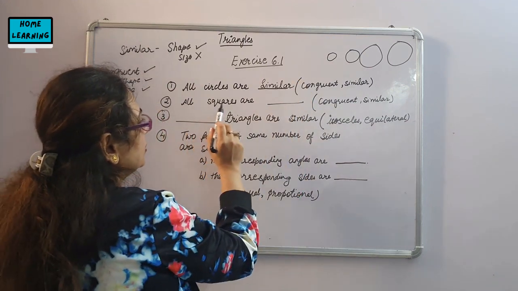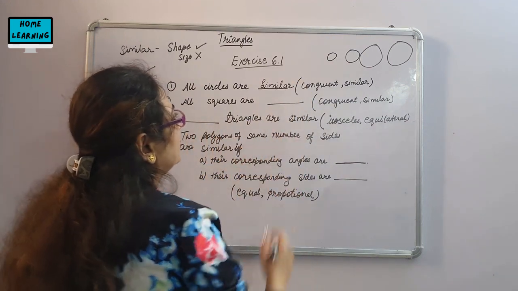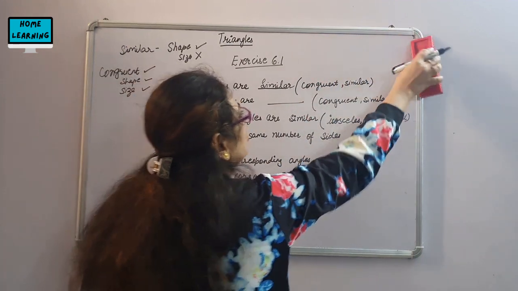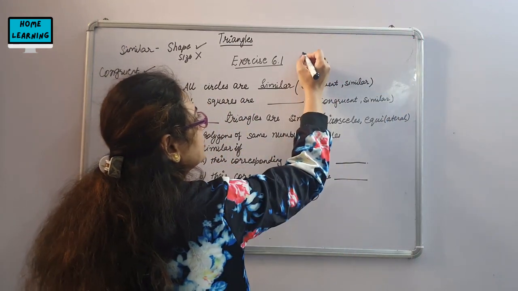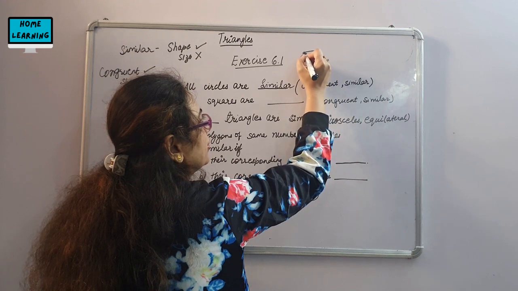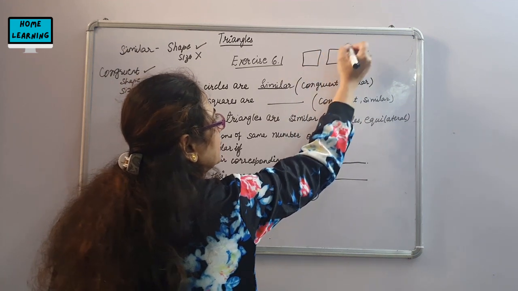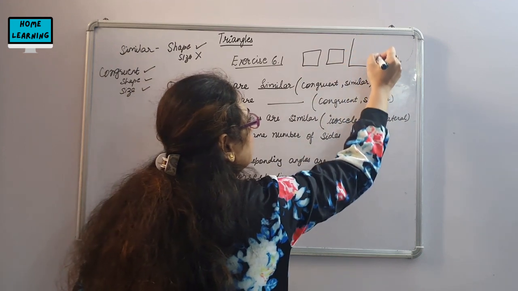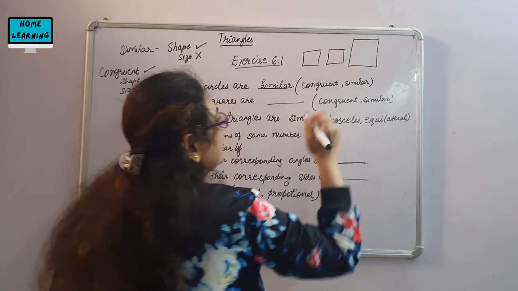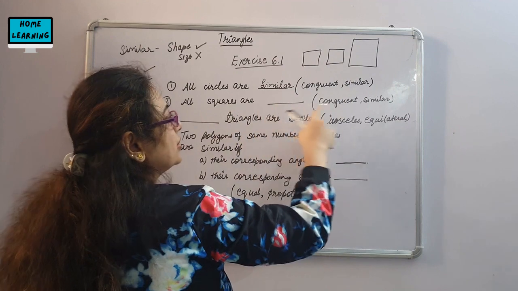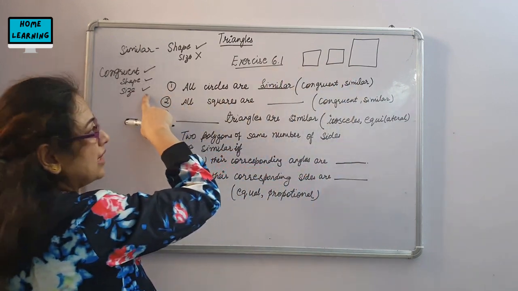Now the other question is all squares are. Now it is asking you for squares. This is one square. This is another square. It is another square. Again, it is not necessary all squares will have the same size.